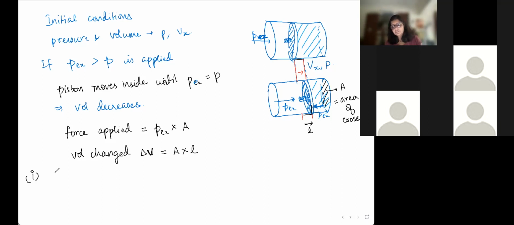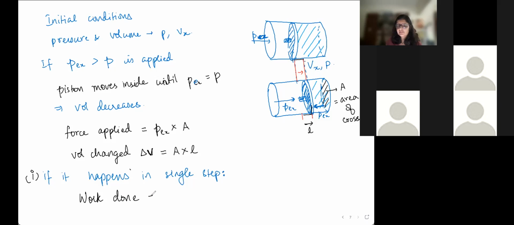In the case of irreversible process, if this change, यहाँ से यहाँ तक जाना, is achieved in a single step, let's see how we can calculate the work done.